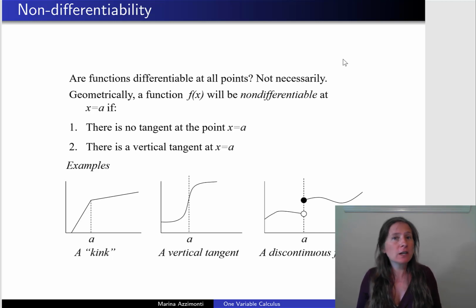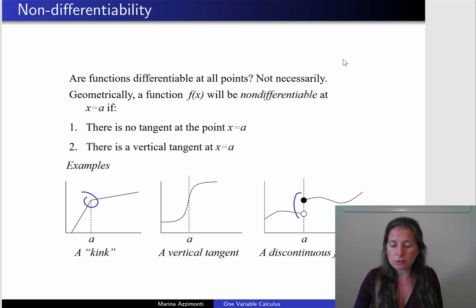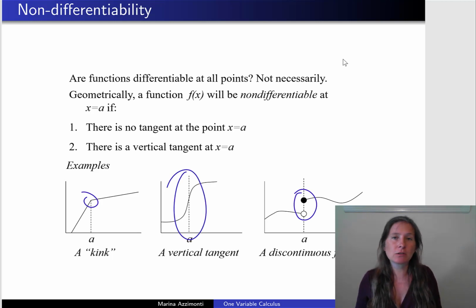When is a function not differentiable? Remember, the derivative of a function is the slope of the tangent line. So if a function does not have a tangent, say because it has a kink, or because it's discontinuous, or when a function has a vertical tangent, so something that is not well defined, then you are going to say that the function is not going to be differentiable at that point.